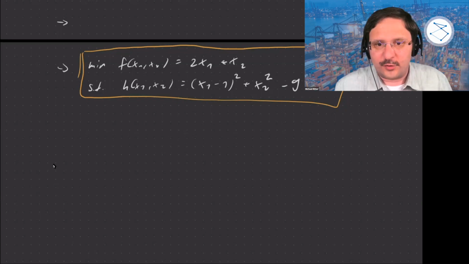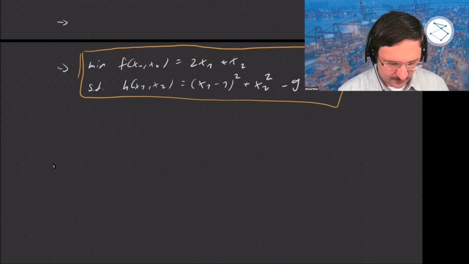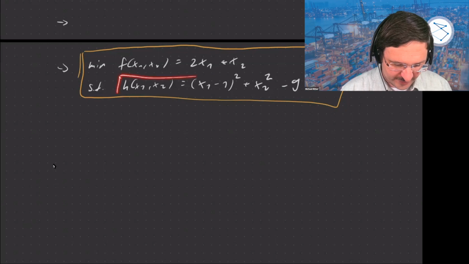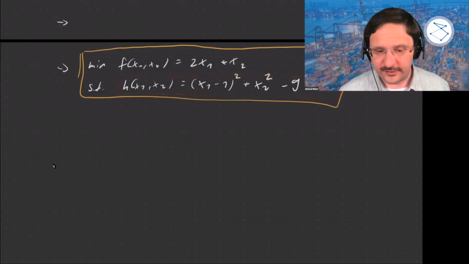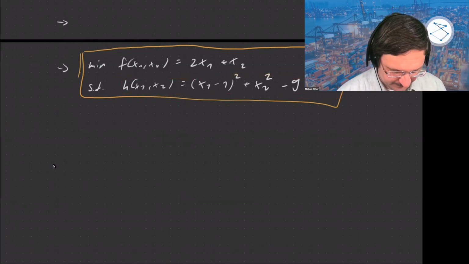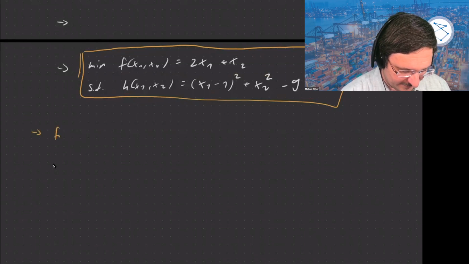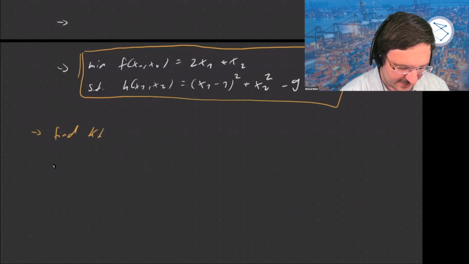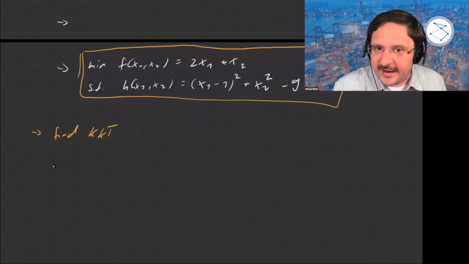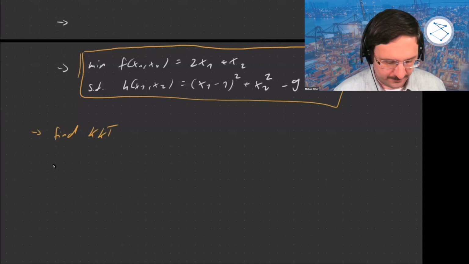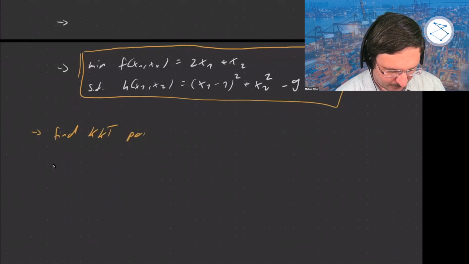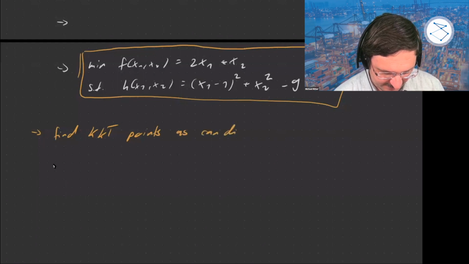So the candidate points for minima under equality or inequality constraints are always KKT points. So we're going to find all KKT points and then see which, if any, of those is a minimum. So we want to find the KKT points as candidate points for minima.